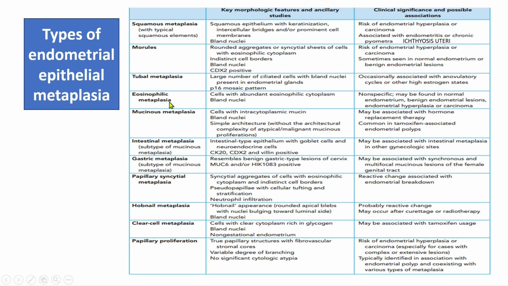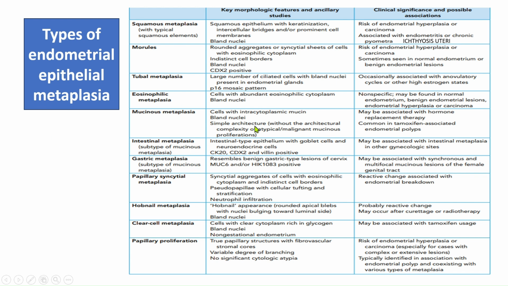Now eosinophilic metaplasia, as the name suggests, there is abundant eosinophilic cytoplasm with bland nuclei, and mostly it is non-specific and may be found in normal endometrium, benign endometrial lesions, endometrial hyperplasia, or carcinoma.